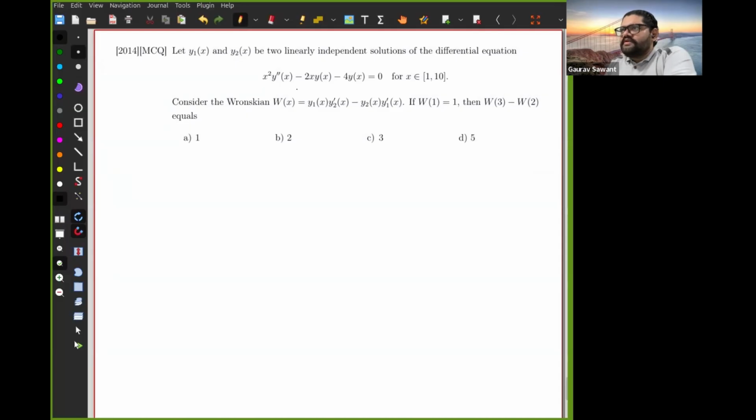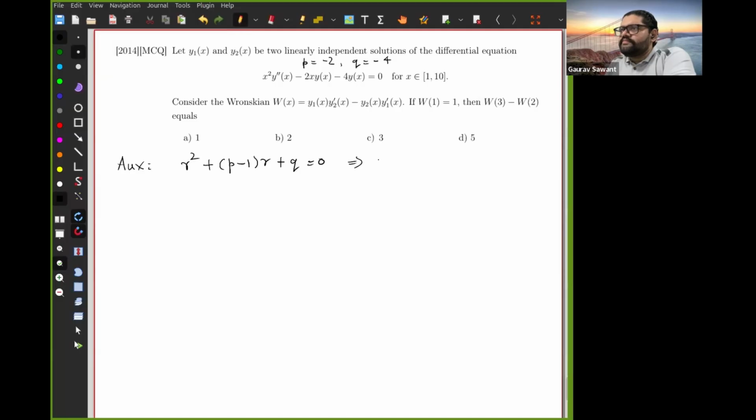So as you can see, this is a Cauchy-Euler equation where the auxiliary equation is. So here notice that my p is equal to -2 and q is -4. Okay. So what I have is r square plus p minus 1 r plus q equal to 0.